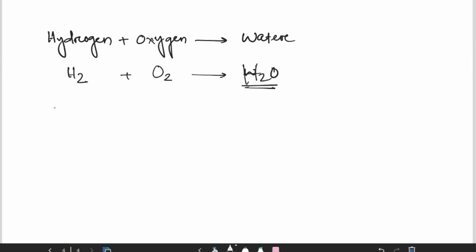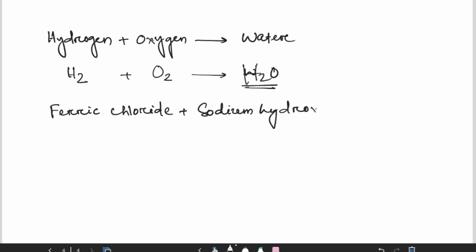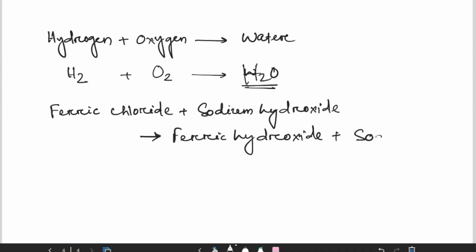Let me write ferric chloride plus sodium hydroxide gives rise to ferric hydroxide plus sodium chloride.